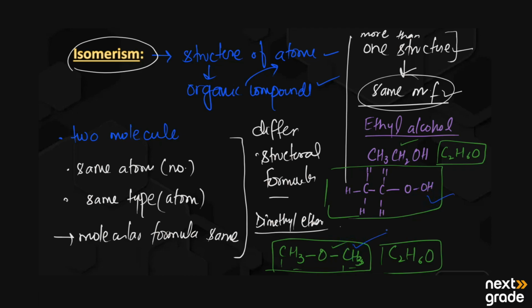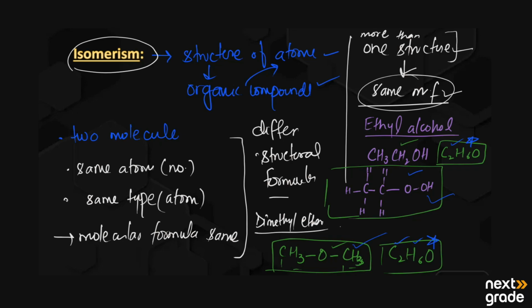This phenomenon is known as isomerism, in which more than one structure is present for the same molecular formula. The number of atoms and the type of atoms are the same, but the only thing that is different is the structural formula.